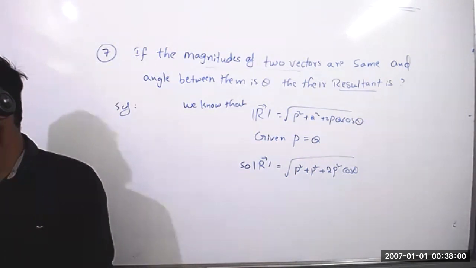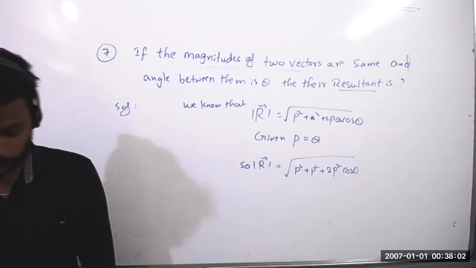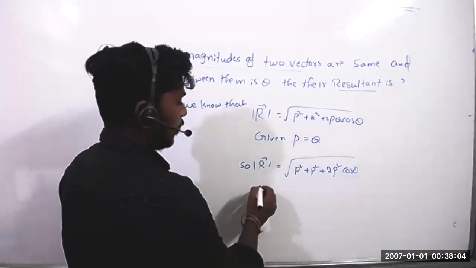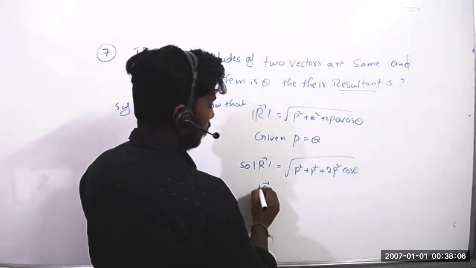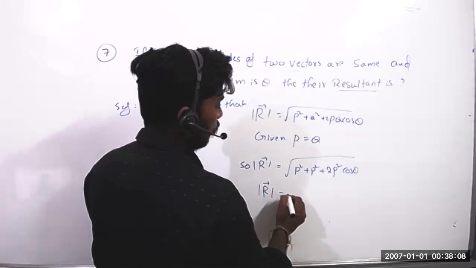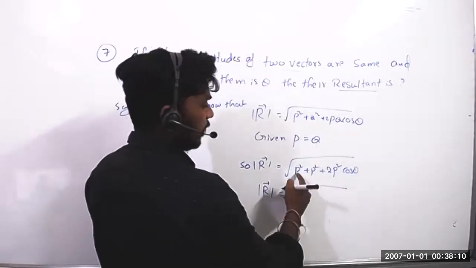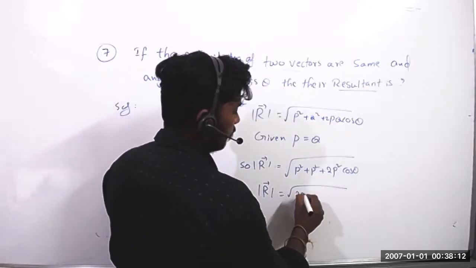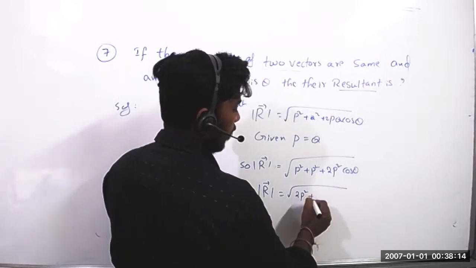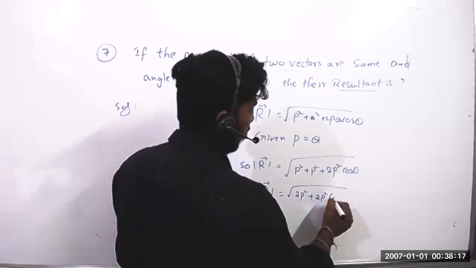Okay, sir. Now see, you should understand one of the formulas I will write. Keep in your mind. Root over P square plus P square, how much? 2P square plus 2P square cos theta, right?